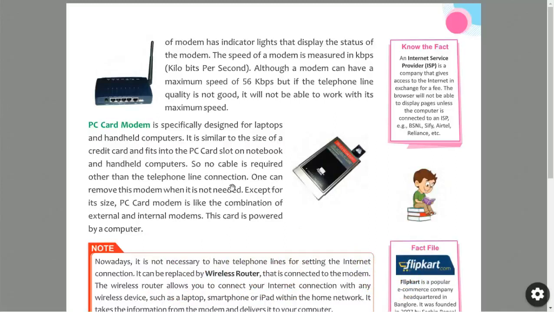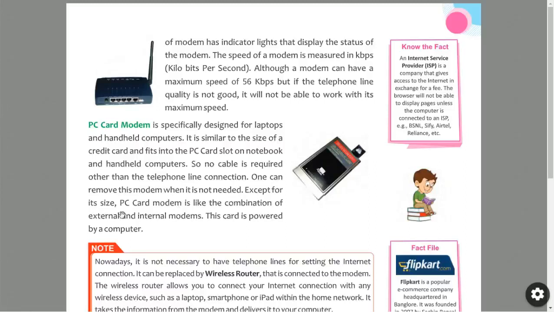Directly, without cable or without wires, we can connect our system with the internet. One can remove this modem when it is not needed. Whenever you are not using the system, in that case you can remove it and keep it.